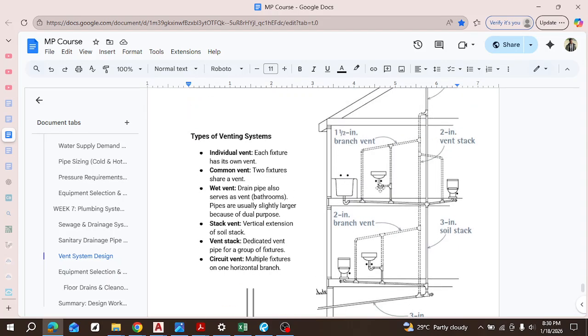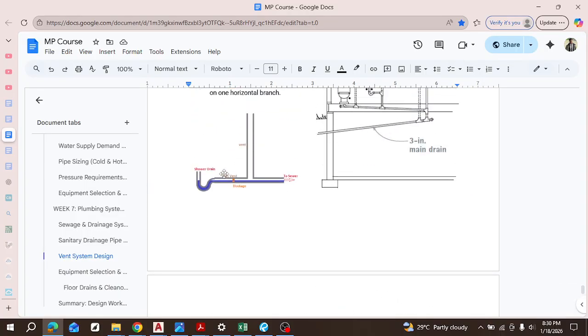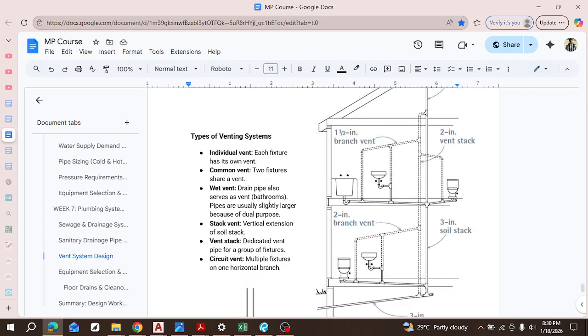In this case, you see that before the air or the gases begin to escape up here, there's a combination of liquid and gas flowing through here, just like in this case. So that area where there's both liquid and gases flowing is known as a wet vent, right? Because a vent is actually meant for gases to flow, not liquid. But there are cases where they have to meet, and any place they meet is called a wet vent, right?